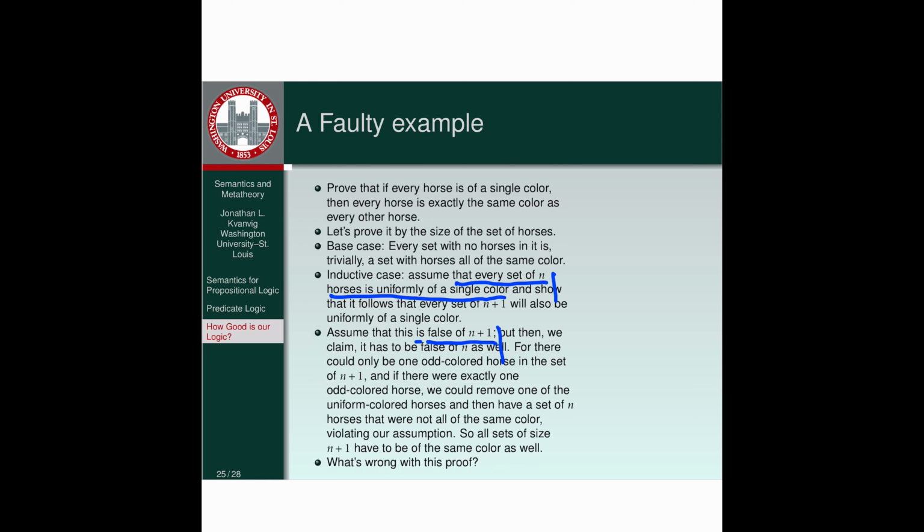And 7 of the members, if you drop them, you end up with a set of 7 that violates the first assumption. So if every set of n horses is uniformly of a single color, then every set of n plus 1 is also uniformly of a single color.